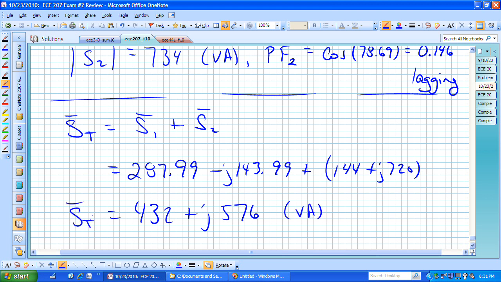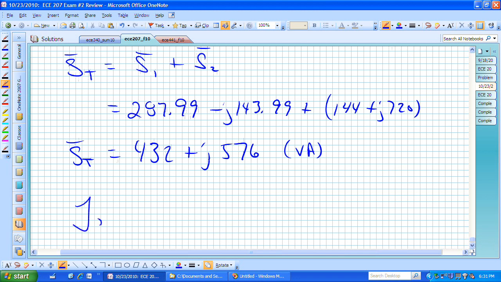We can now find our total angle, which we'll call theta sub t, is the inverse tangent of the imaginary part over the real part. That's going to be an angle a little bit bigger than 45 degrees, which, if we look at it, is 53.13 degrees.